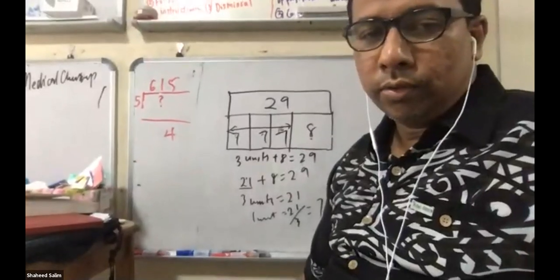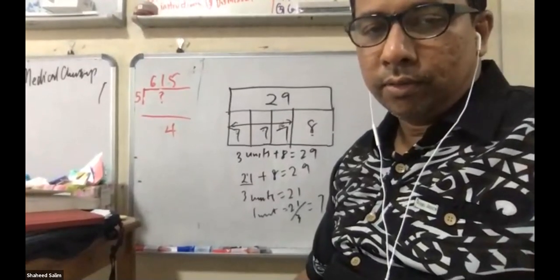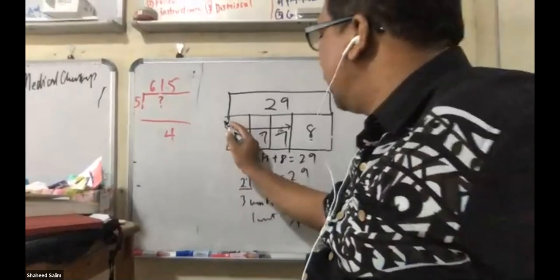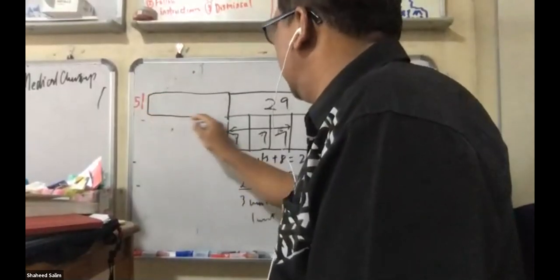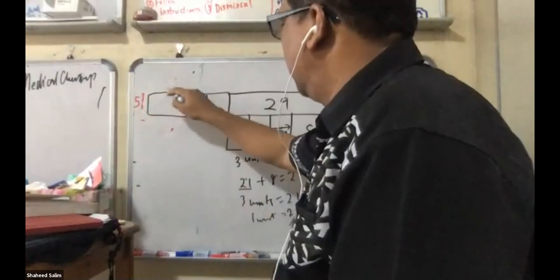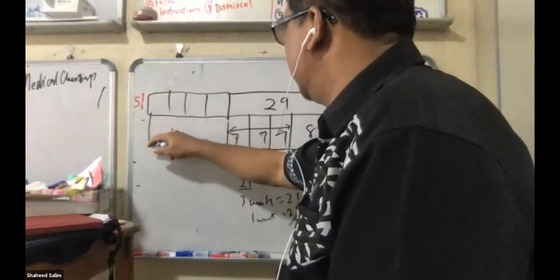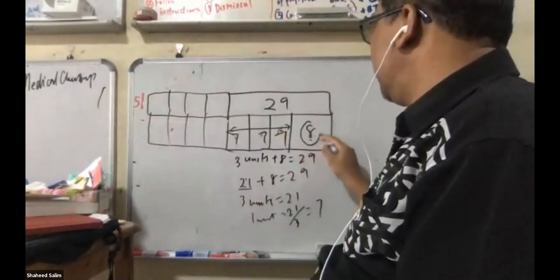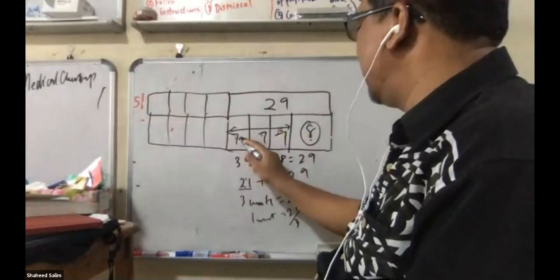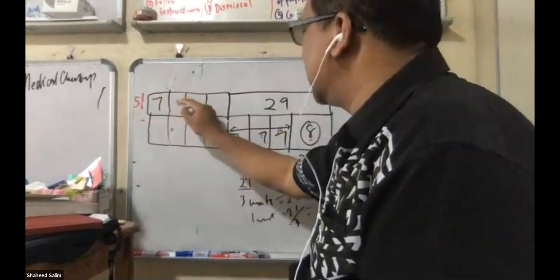Can do? You understand? How to find the 3 units first? That's the only part I don't understand. Okay. So at first, down here is 4, right? Down here is 7. So this is what they bought, right? So at first, it's 7, 7, 7, 7.